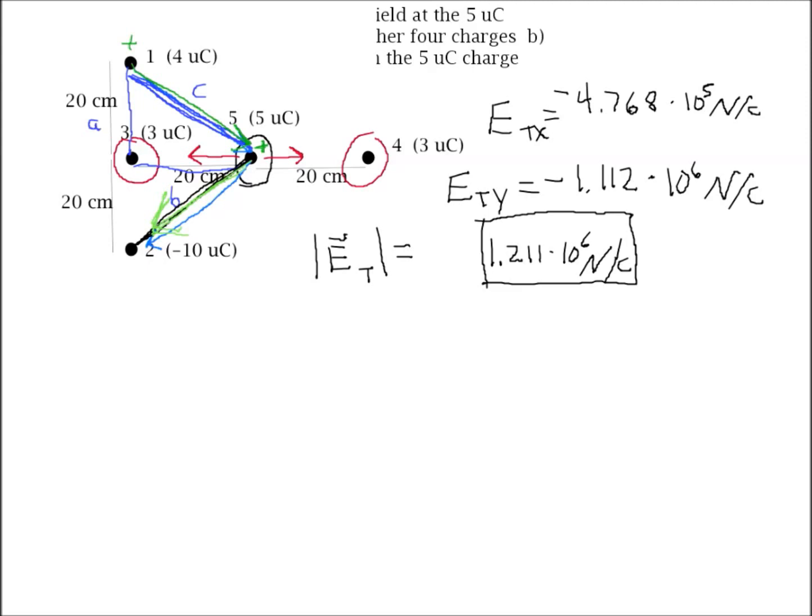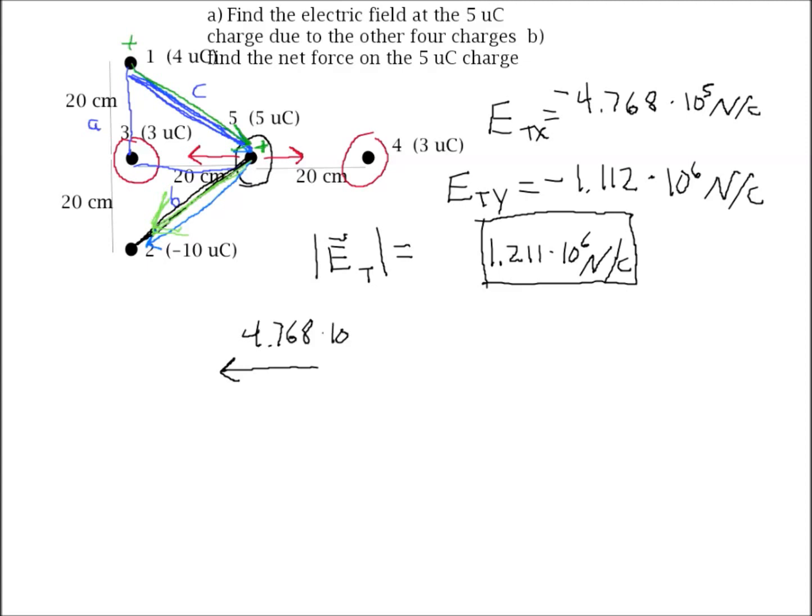So that's going to be a vector in the negative x direction. 4.768 times 10 to the 5th newtons per coulomb in the negative x direction. And in the y direction, we have something that is about 3 times bigger than that, 1.112 times 10 to the 6th. So we draw a vector that's about 3 times longer.